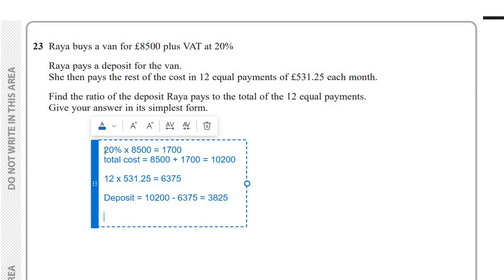So now we need to find the ratio of this 3825 to 6375. And now we need to simplify this ratio.